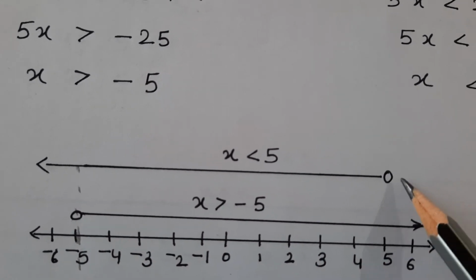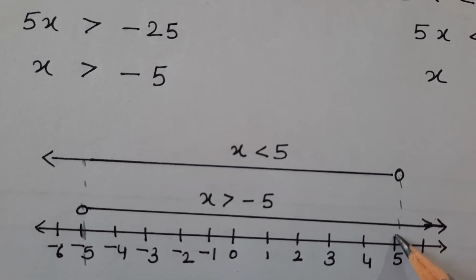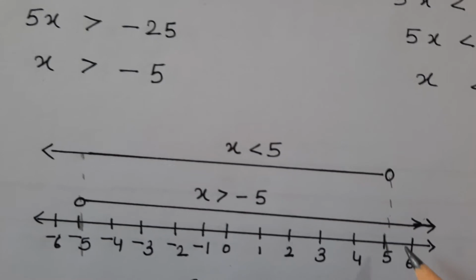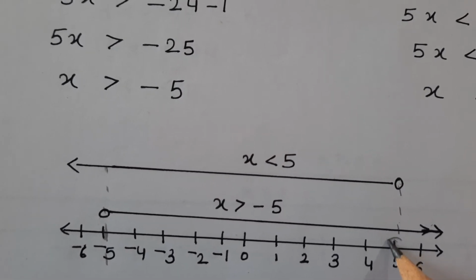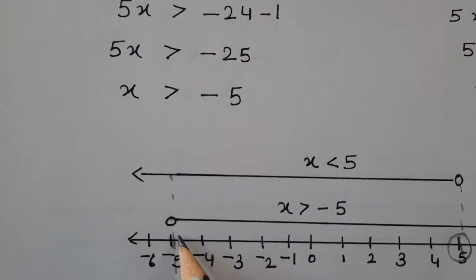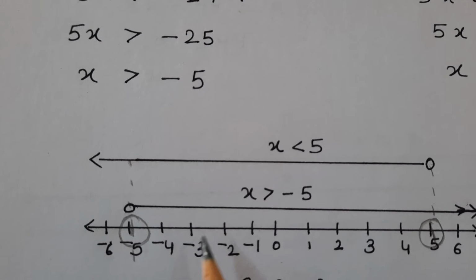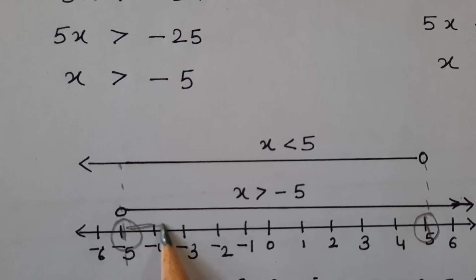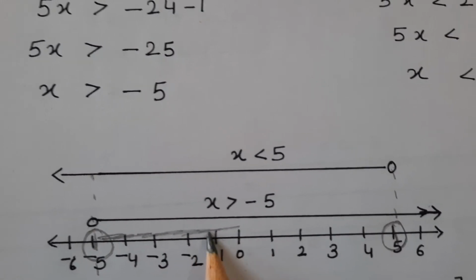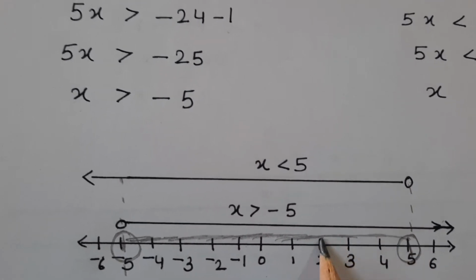Same here. Now first you will draw an open circle at 5 because 5 is not included. Also draw an open circle at minus 5 because minus 5 is not included. So shade this region, up to here.